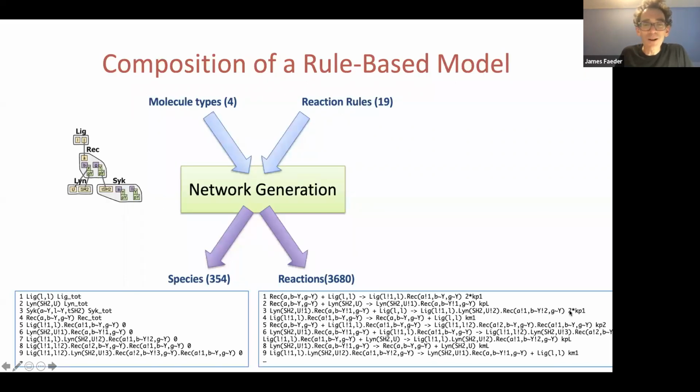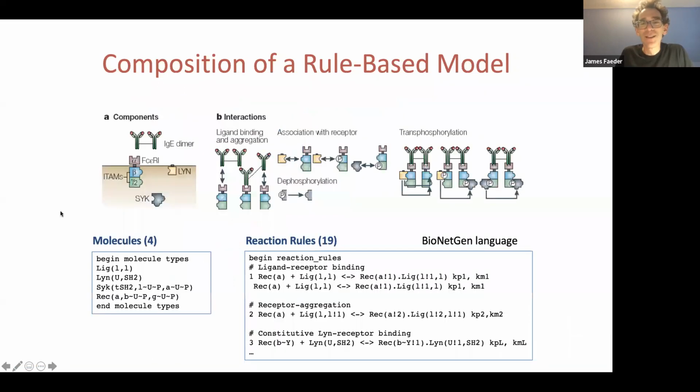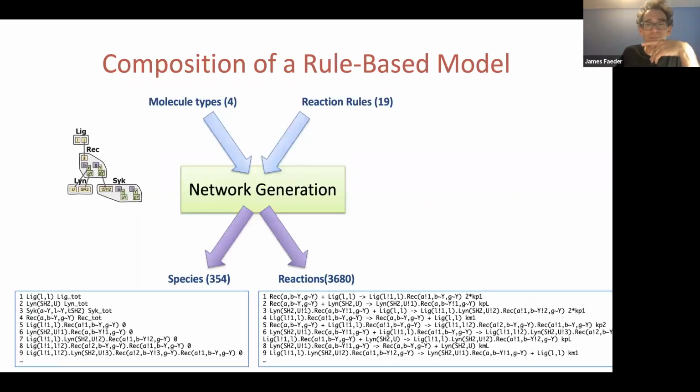You don't really want to have to decipher what all of this means. You would prefer to work at this sort of level of detail, maybe at this level of detail to write the rules, but getting into the implications of every single reaction rule applied to every single species is definitely very tedious.